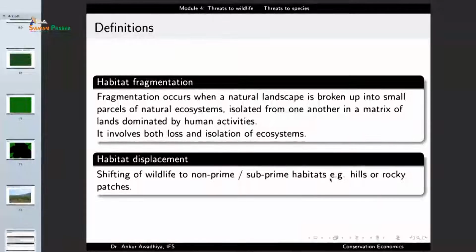Now, apart from habitat fragmentation, we also find another phenomenon which is known as habitat displacement. Now, habitat displacement is the shifting of wildlife to non-prime or subprime habitats such as hills or rocky patches. Now, what is habitat displacement?